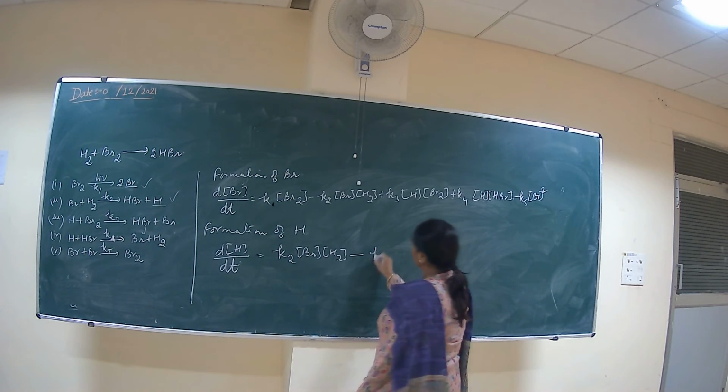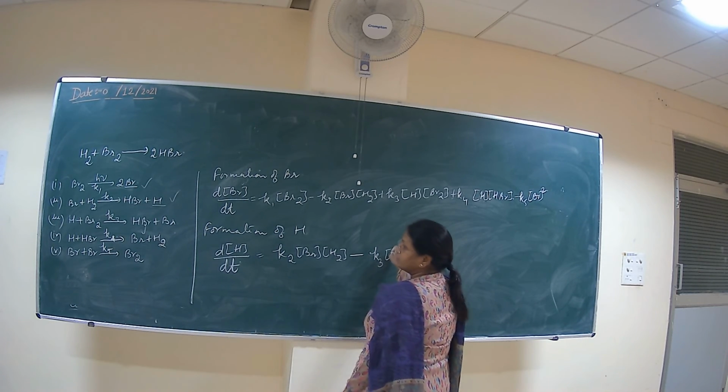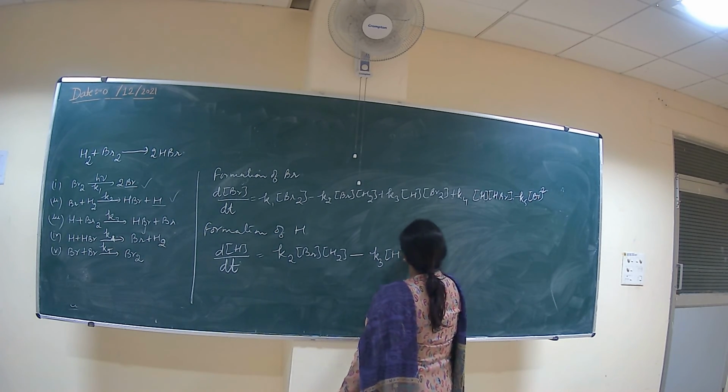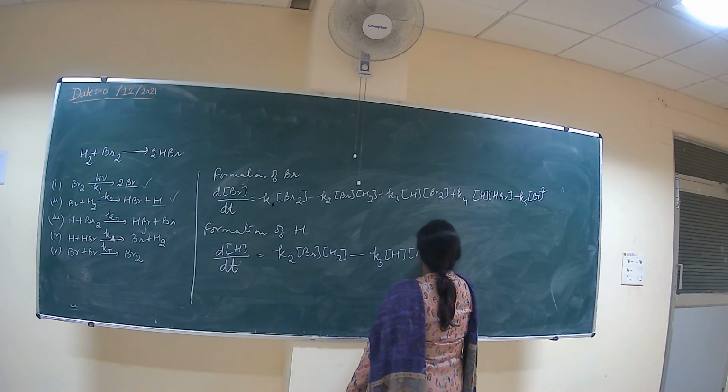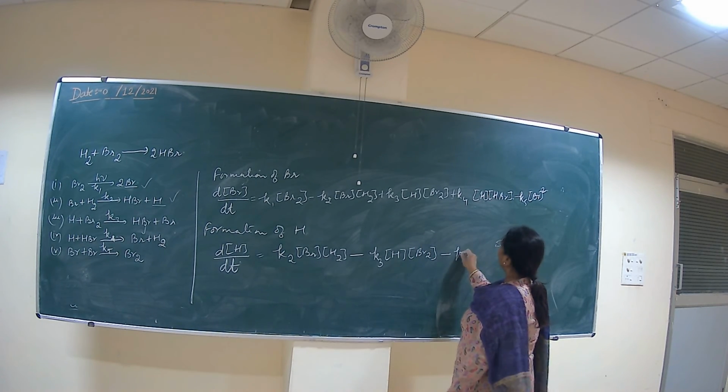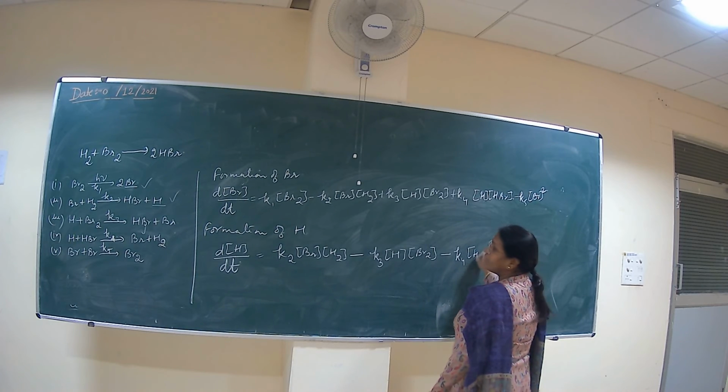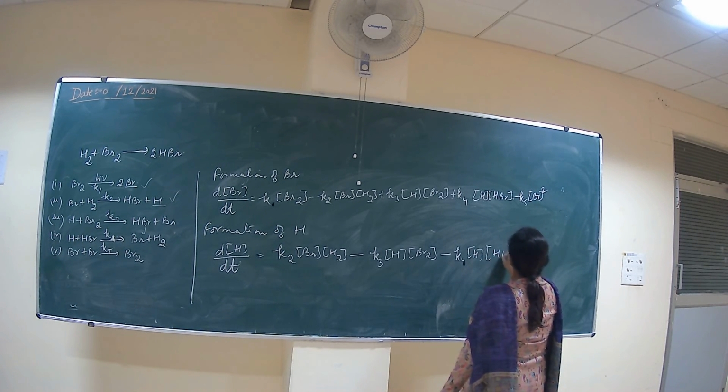So minus K3 concentration of hydrogen and concentration of bromine molecule minus K4 concentration of hydrogen and concentration of HBr.